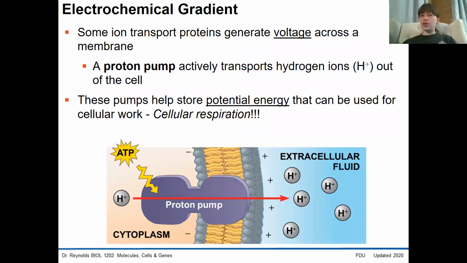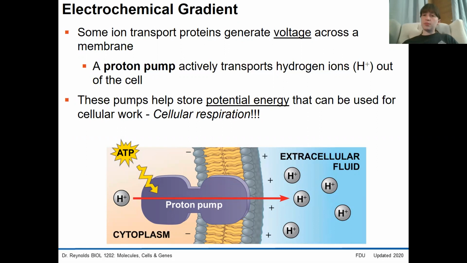Some ion transport proteins can generate that voltage across that membrane. Again, remember that these ions have a charge to them. And so a proton pump can actively pump and transport hydrogen ions out of the cell to help achieve this. These protons, hydrogen ions, have that positive charge, which creates a differential across the membrane.